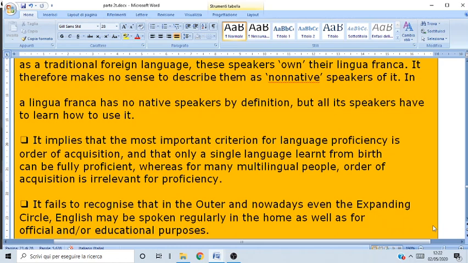And it is that language proficiency depends on the order of acquisition. What does this mean? That according to these scholars that distinguish between native and non-native speakers, you can only be 100% proficient in the language that you were born with, or at least the language that you learned when you were a newborn, when you were a child.